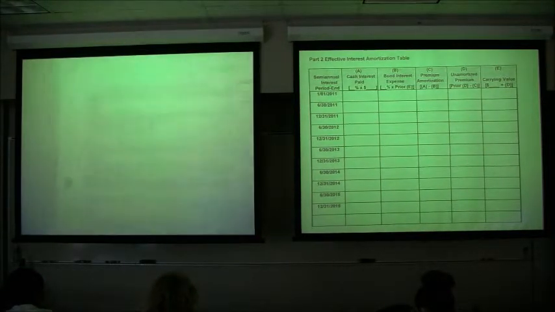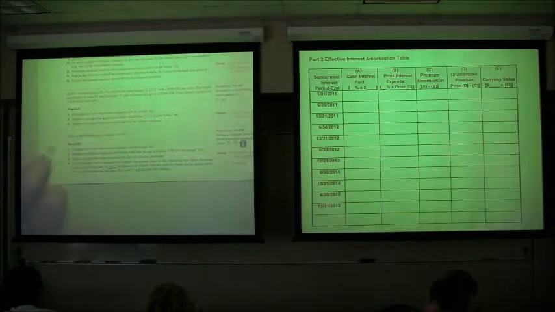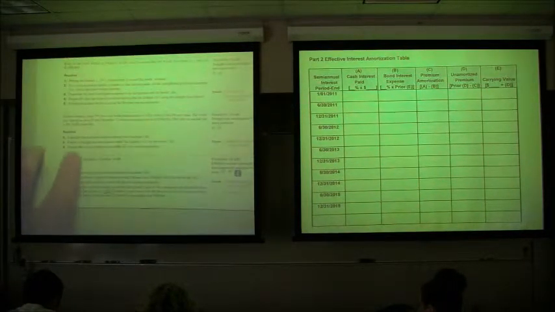It's 14-5B, down here, and it uses this data up here. What they want you to do is compute the total.